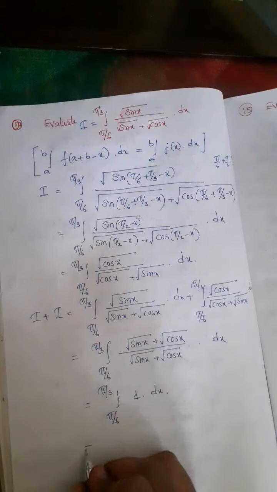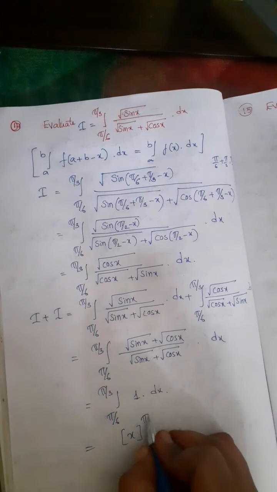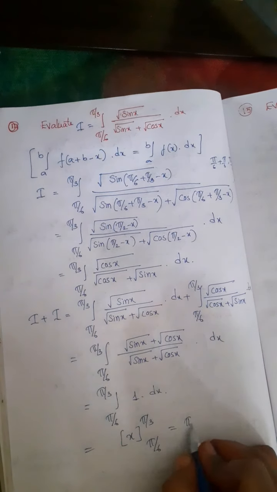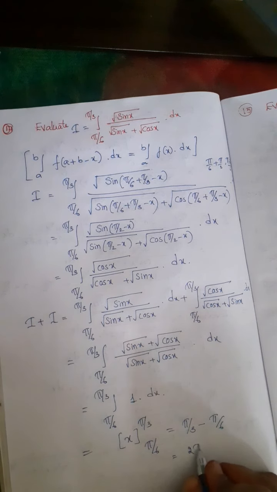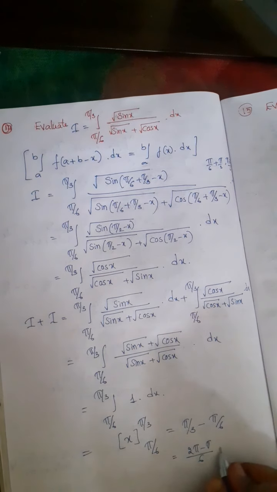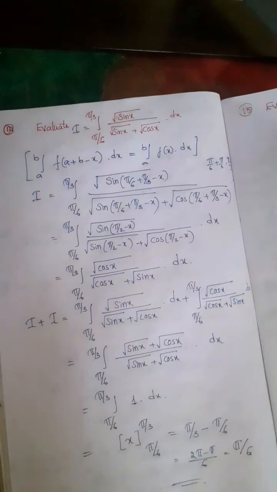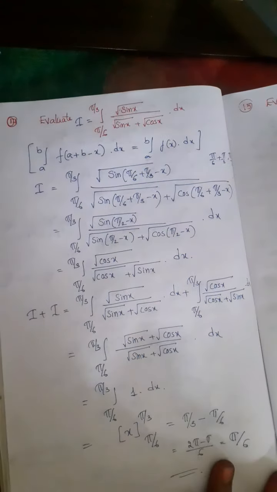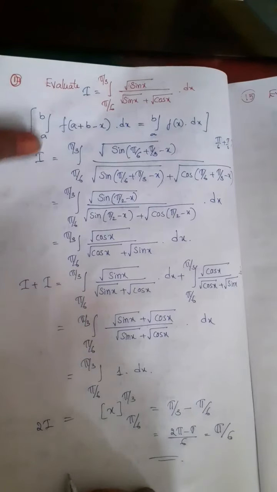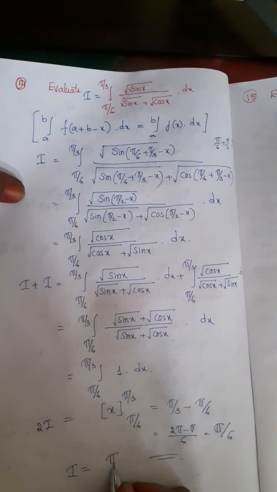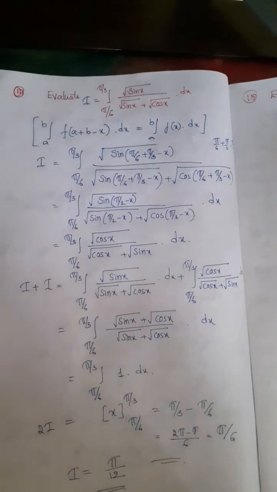The integration of 1 is x, from pi by 6 to pi by 3. Applying the upper limit first minus the lower limit, pi by 3 minus pi by 6, that is pi by 6, is our answer. Pi by 6 is the 2I value. Now what is the I value? I is equal to pi by 6 into 1 by 2, that is pi by 12. Pi by 12 is our original answer.